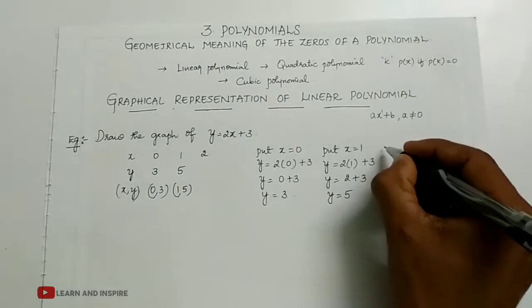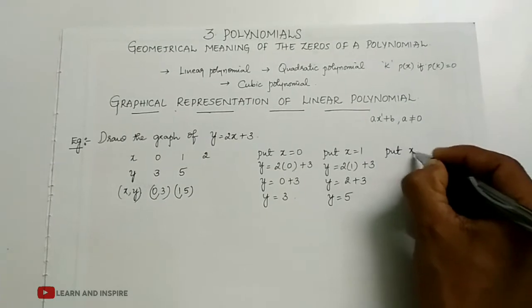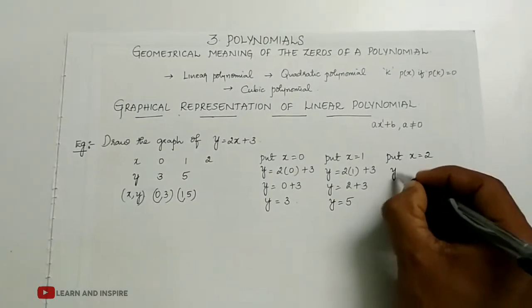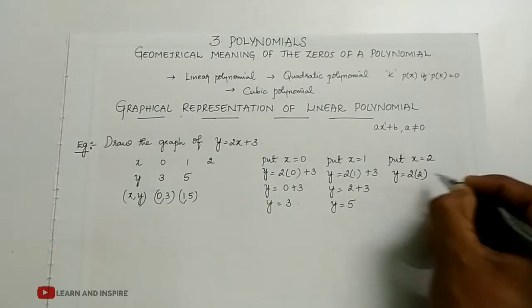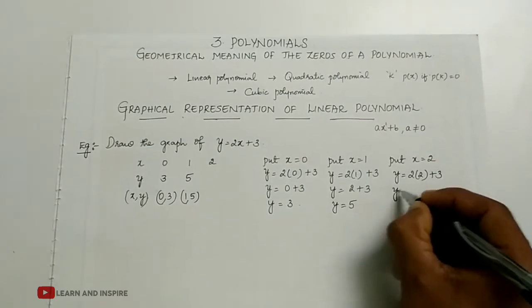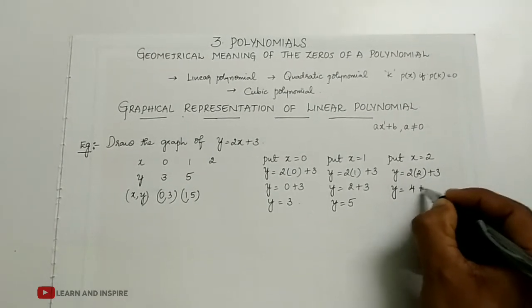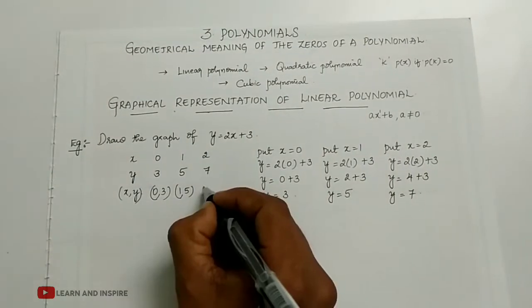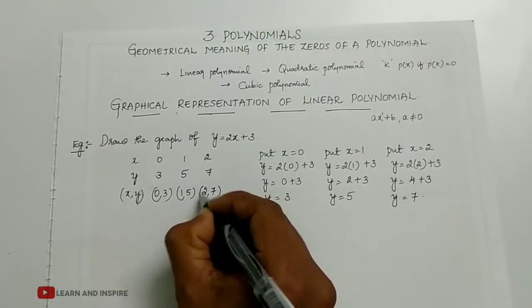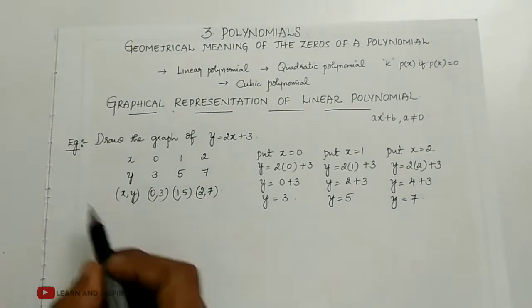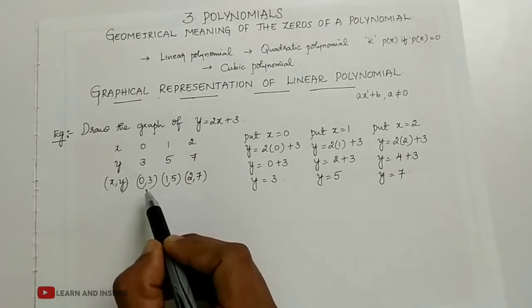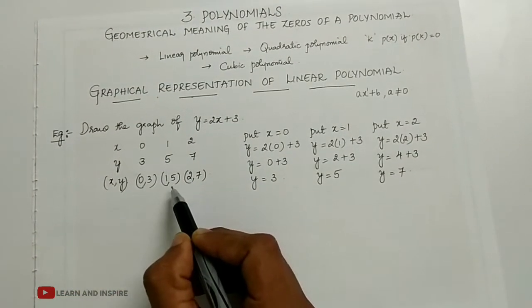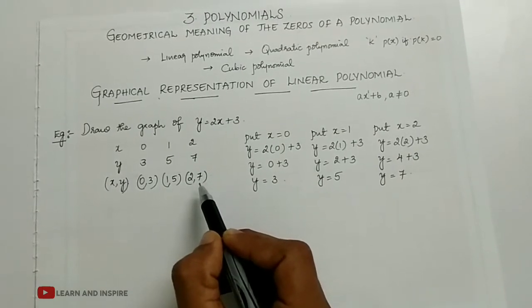Now substitute x equals 2, then y equals 2 into 2 plus 3, 2 twos are 4 plus 3, y equals 7. The coordinate points are 2 comma 7. So the first is 0 comma 3, second 1 comma 5, and 2 comma 7.